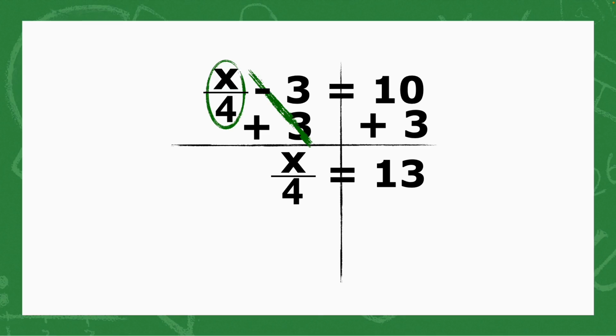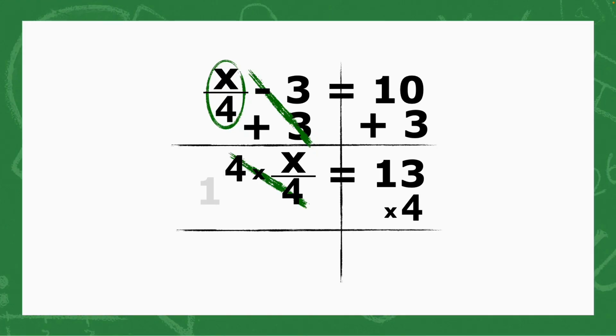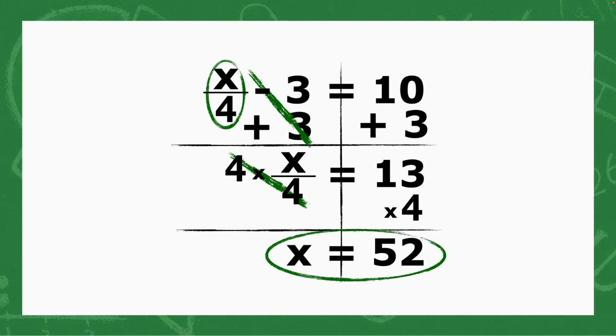Now, I can undo division by 4 by multiplying by 4, which I can then do on each side of this equation, because if I divide x by 4 and then multiply it by 4, that will cancel out those 4s to just be a 1x, and then 13 times 4 gives me 52. I'll again drop that 1 in front of the variable.